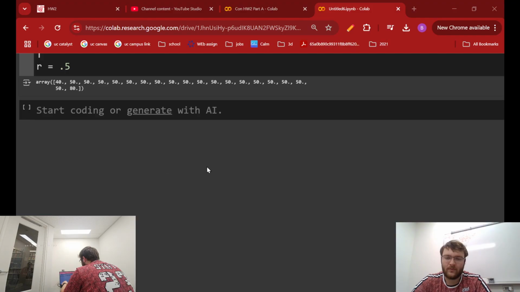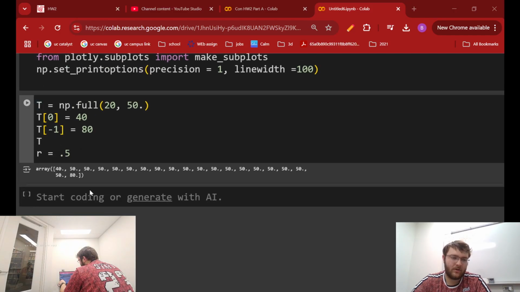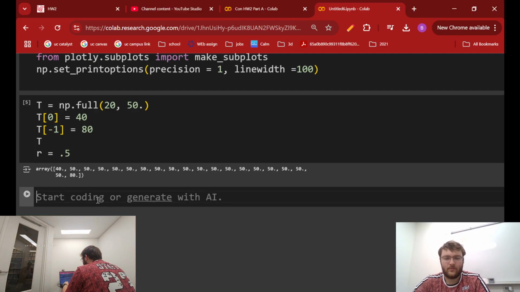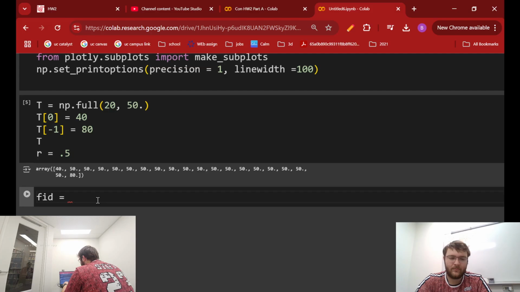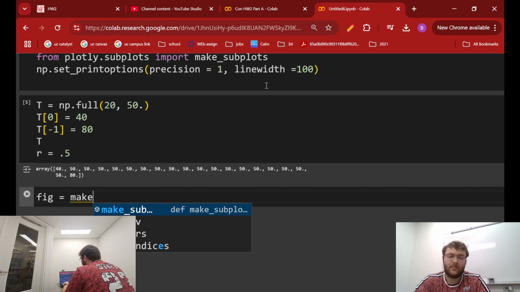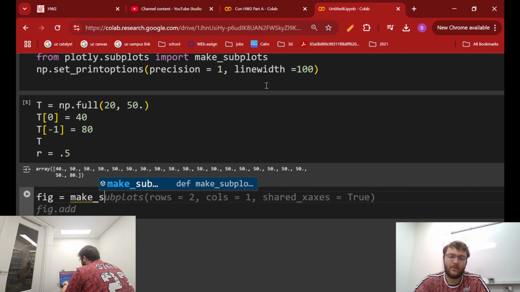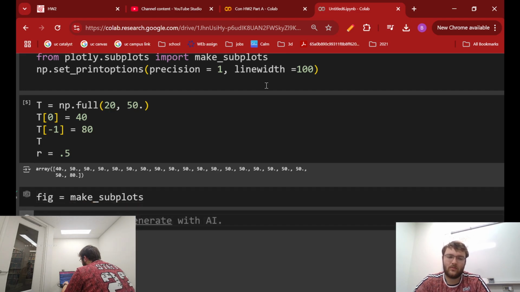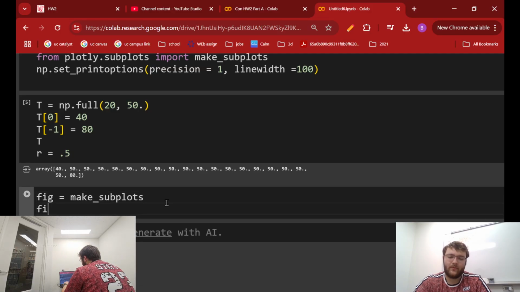Okay. So my x's would need to be NP arranged size of our thing. So I believe it's make square subplot, and then there's no need, and then fig dot scatter plot.